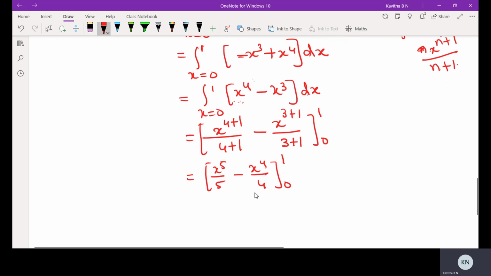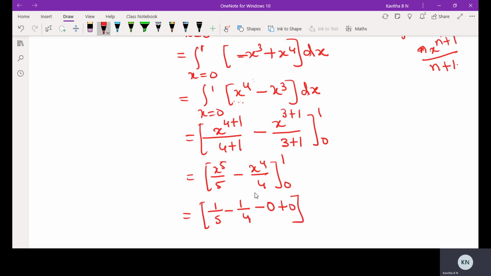Then apply the upper limit and lower limit. In place of x substitute 1, giving 1 by 5 minus 1 by 4, then apply the lower limit 0, which gives 0 here also.